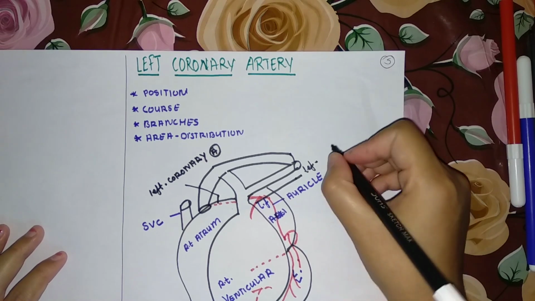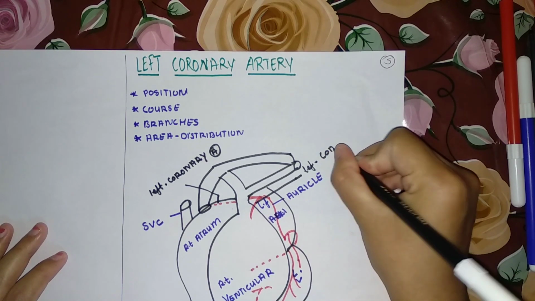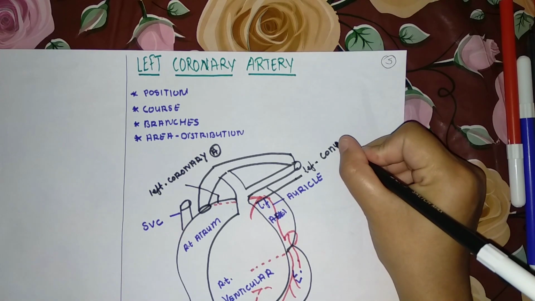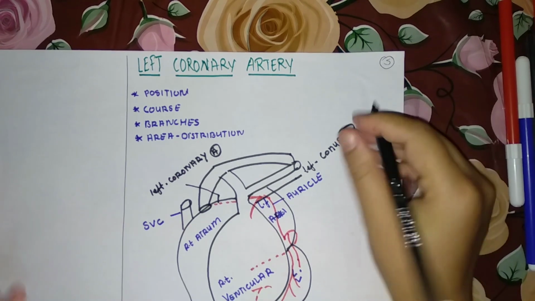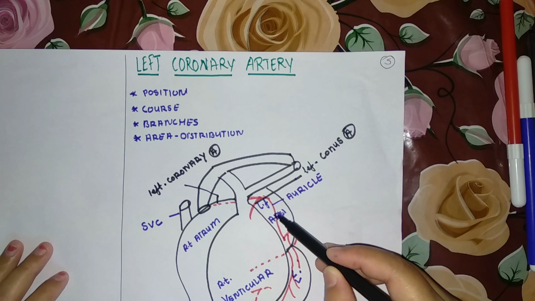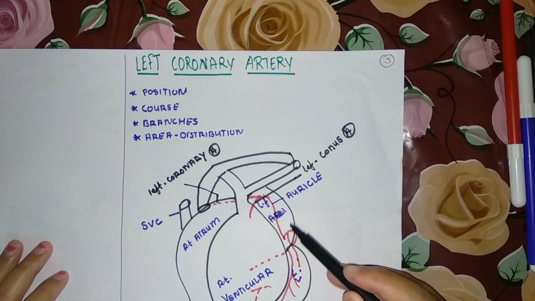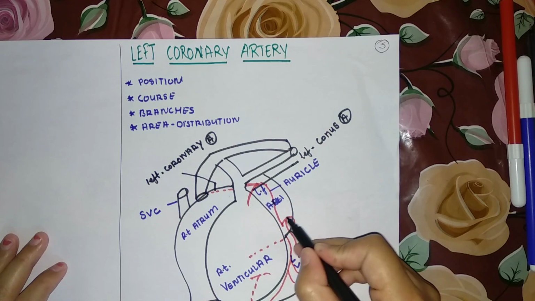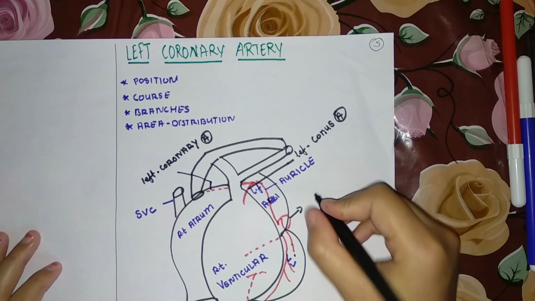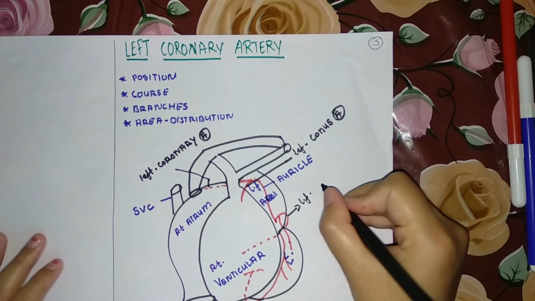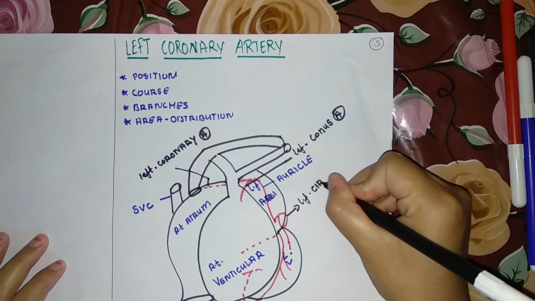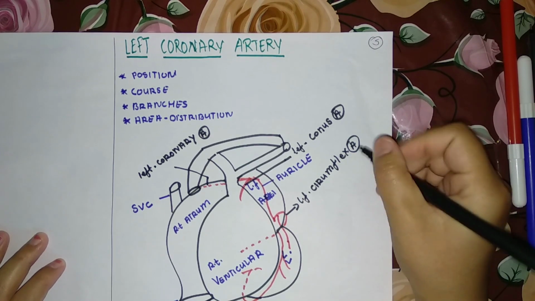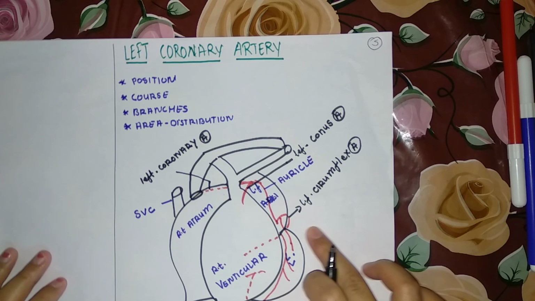Then it descends downwards like a semicircle. This semicircle is called the left circumflex artery.